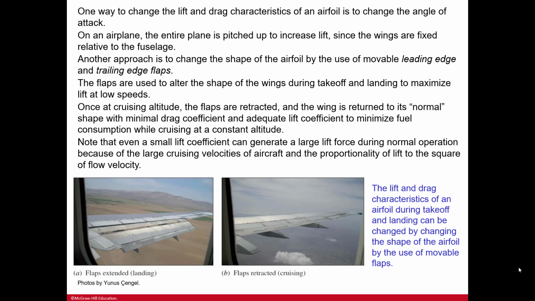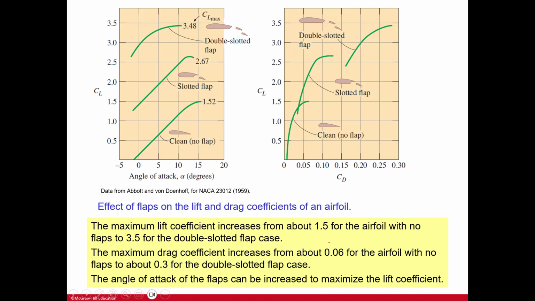Note that even a small lift coefficient can generate a large lift force during normal operation because of the large cruising velocities of an aircraft and the proportionality of lift to the square of velocity. And so you can see these changing here. The flaps extended for landing, and then the flaps retracted for cruising. So here are the effects plotted on the lift and drag coefficients of an airfoil.